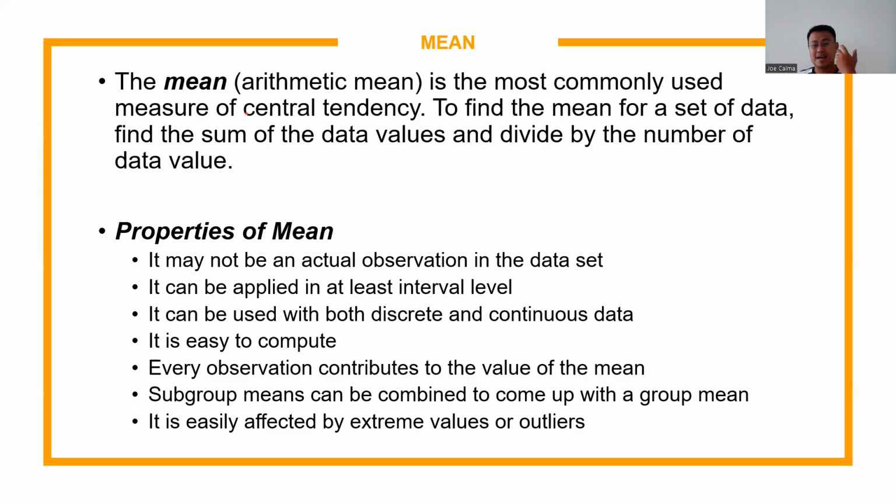Kasi affected pa rin yung magiging mean age or mean score kapag merong extreme values or outlier. Hinihila nito pababa yung mean score. So those are the different properties of the mean.